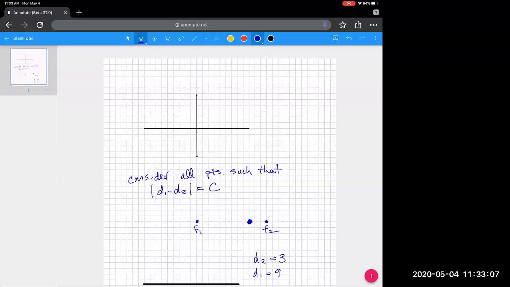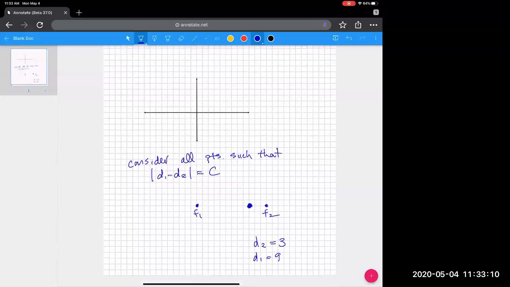So for that point, the difference between D1 and D2 is 6. So let's say that we're going to go with that. Let's say we're going to consider all points in which the absolute value of the difference in the distances is 6. Well, that kind of looks good, I'll leave it. So there would be an example.